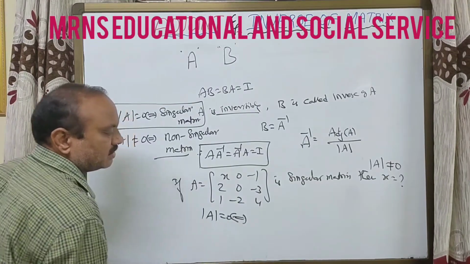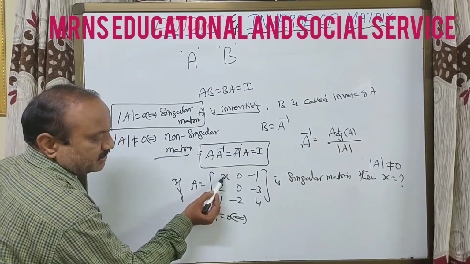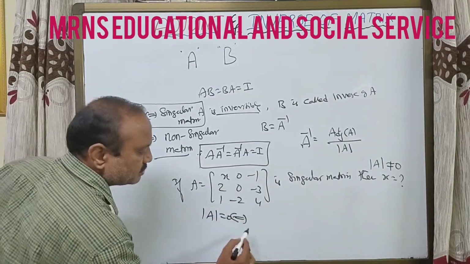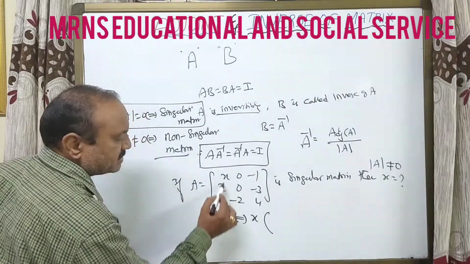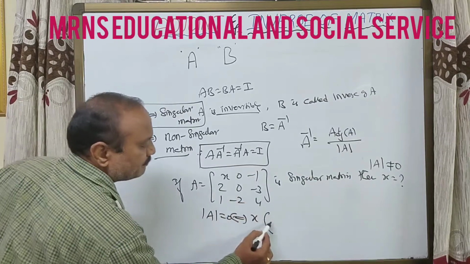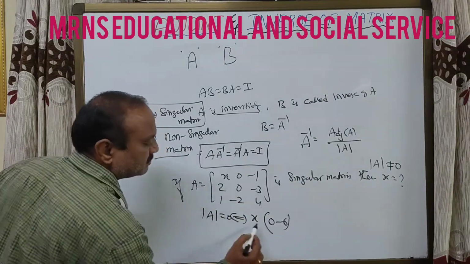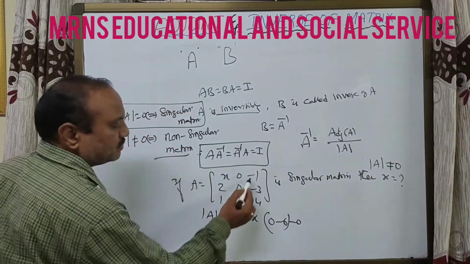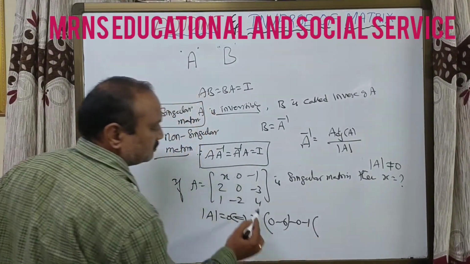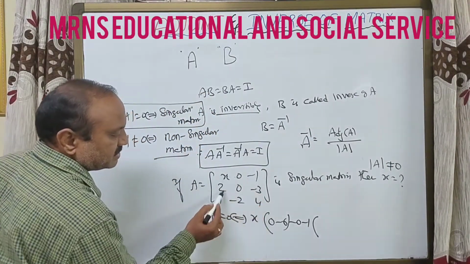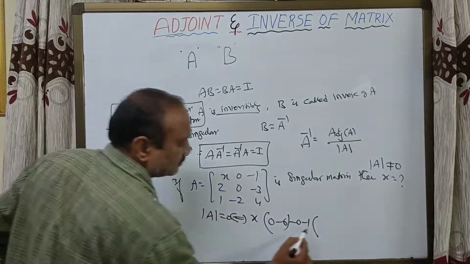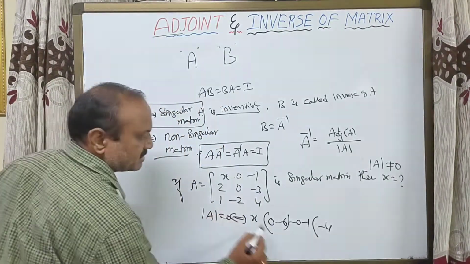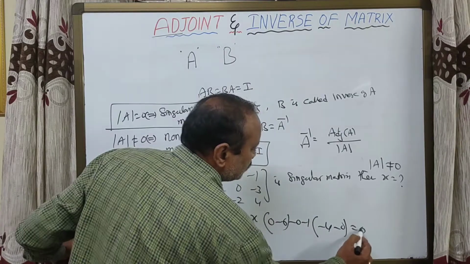That implies det A: begin with the first row, x into the element present in the second row, second column, that is 0 minus 6. Next, the second element, minus 0 into any number is 0. Next, minus 1 into the minor of minus 1, that is 0 minus 4, which multiplies to 0.